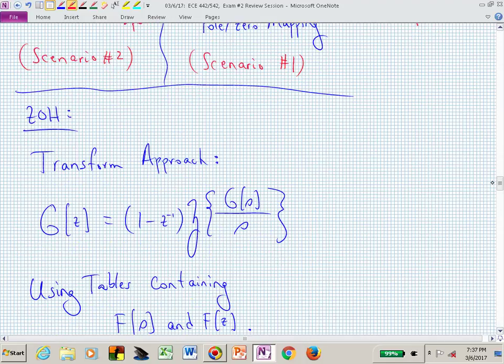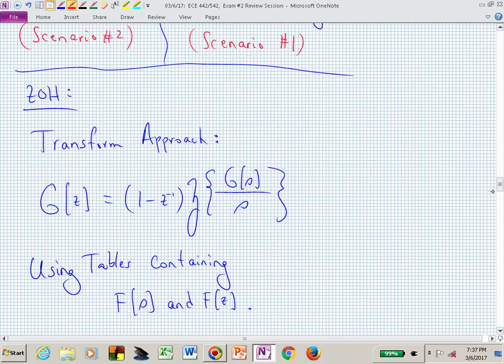If we do the transform approach of the zero order hold, that's now capital G of Z defined as 1 minus z to the minus 1 times the Z transform of G of S over S. And we should be able to use tables that contain capital F of S and F of Z in order to transform between G of S. We just now what?